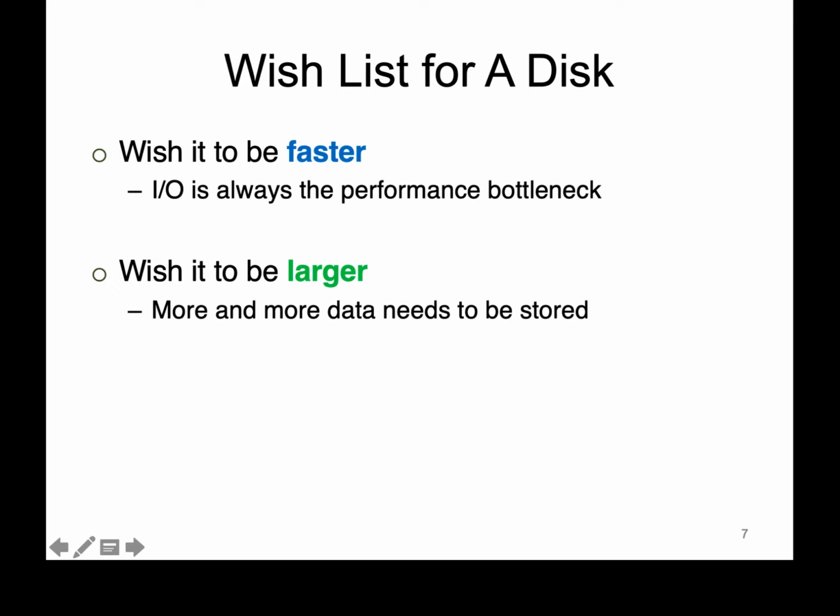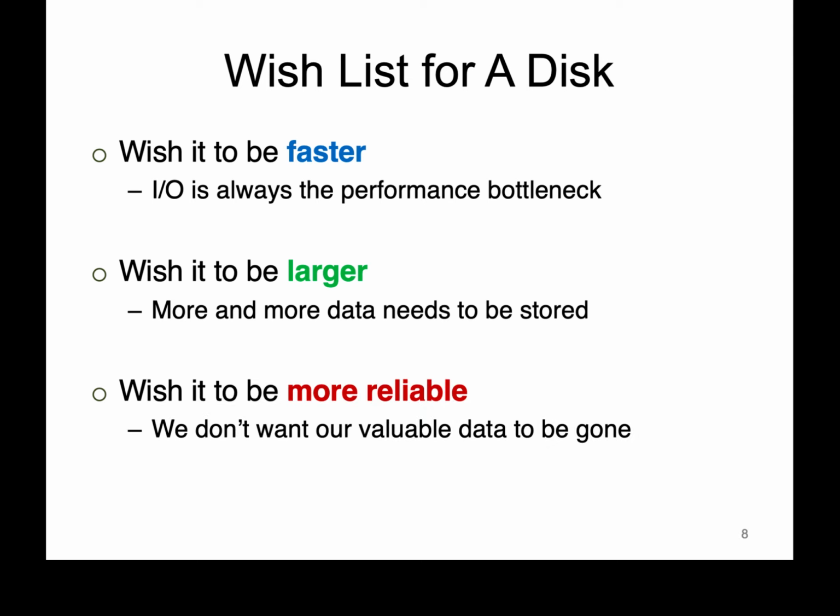As the second wish, we want a hard disk drive to have larger capacity. The more, the better, right? Because right now we're talking about big data. More and more data needs to be stored. This is the capacity requirement.